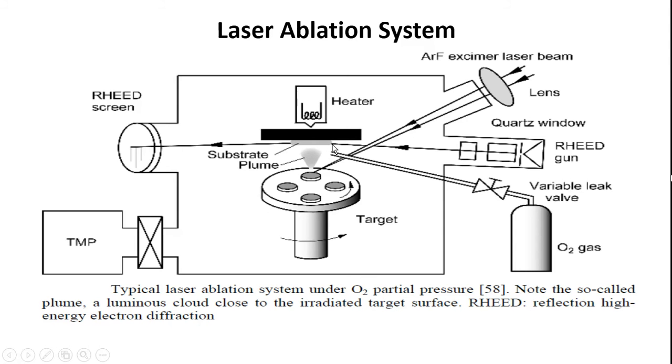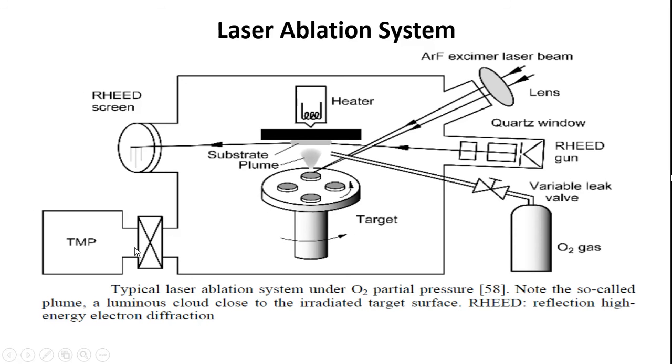In order to improve the layer formation upon the substrate, we have a RHEED gun mechanism to see the formation of the layers occurring on the substrate here.